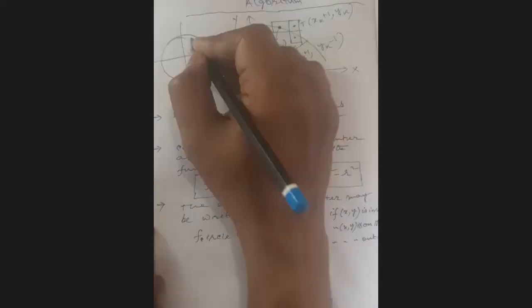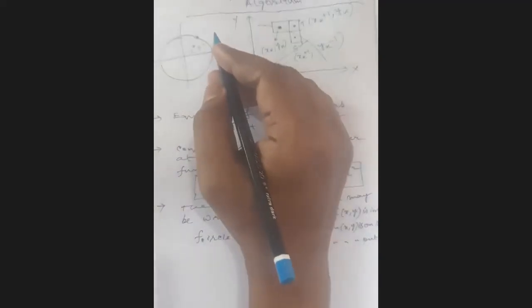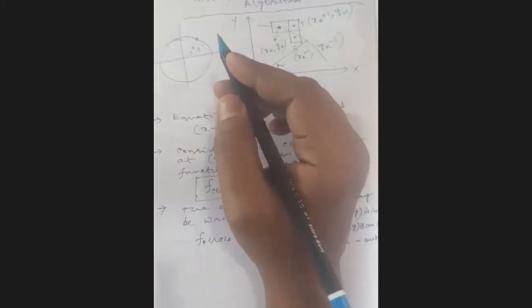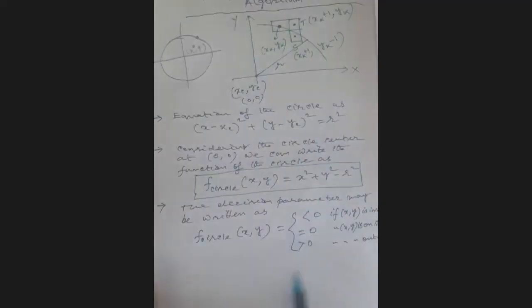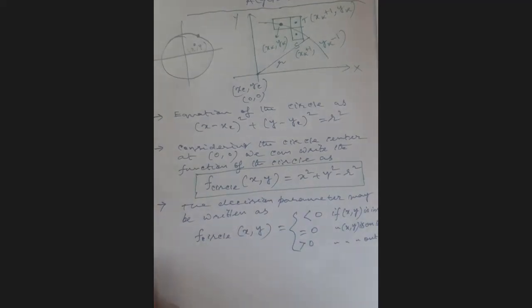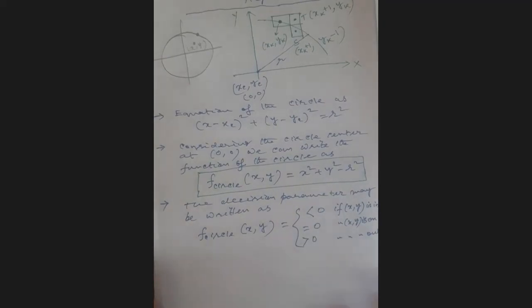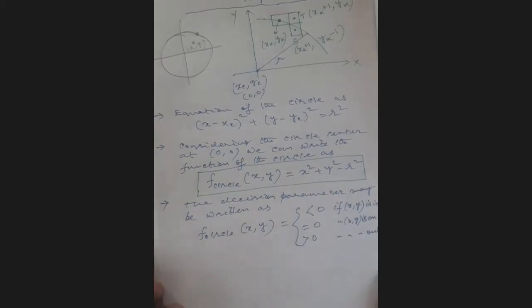If this point x, y is on the circumference of the circle, then the f circle equation will give us exactly 0. And if it is outside the circle, then we will get a positive value, that means greater than 0. Now, based on this, we can decide which point to choose next.